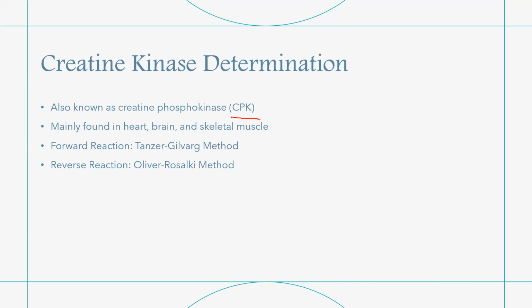Because it is found mainly in three major organs: heart, brain, and skeletal muscles. Thus, increased levels of CK can be observed in cases of heart attack, skeletal muscle injury, strenuous exercises or activities, or even alcohol consumption.